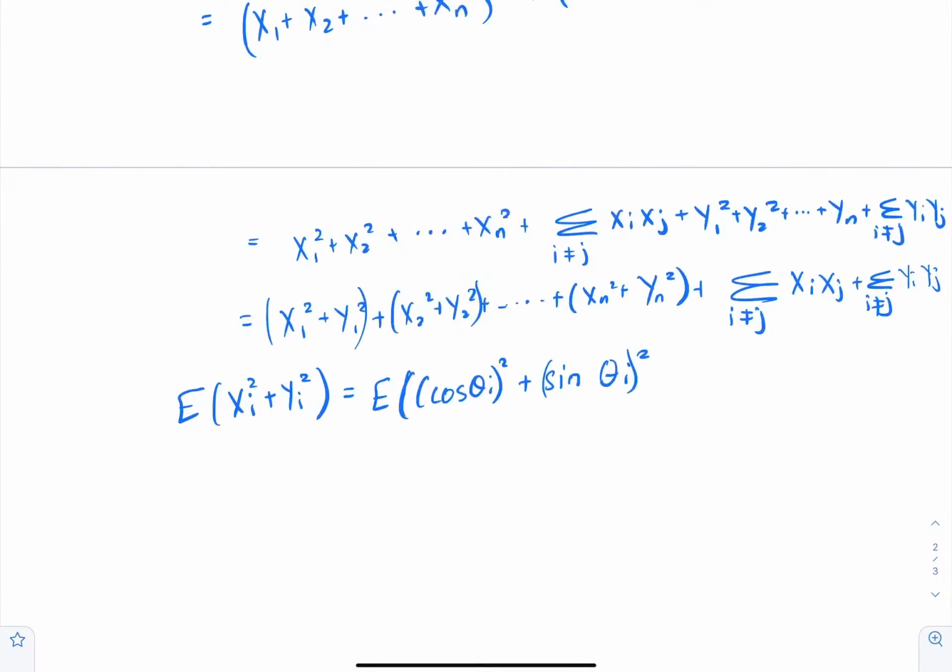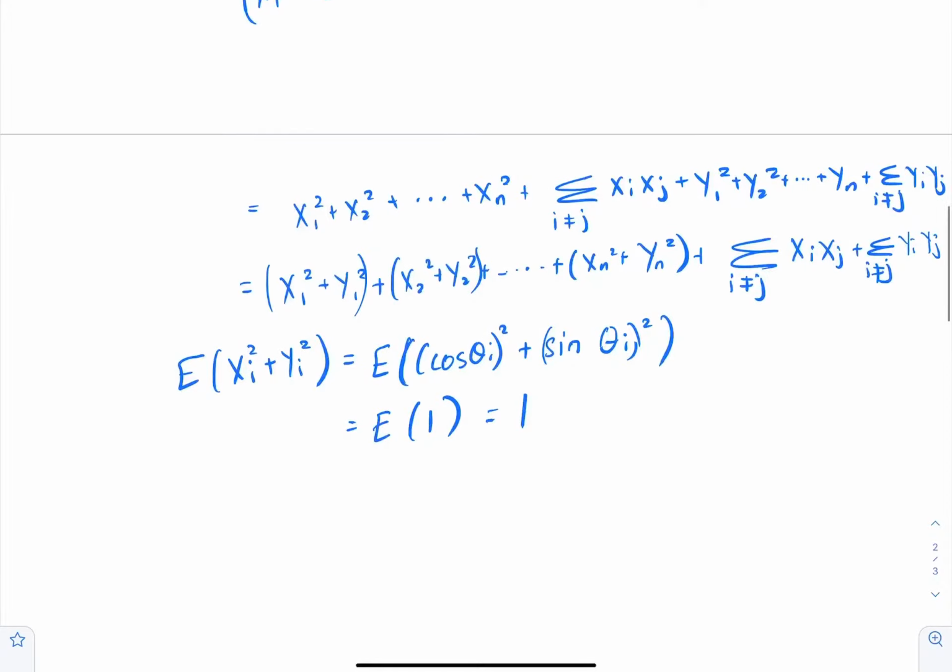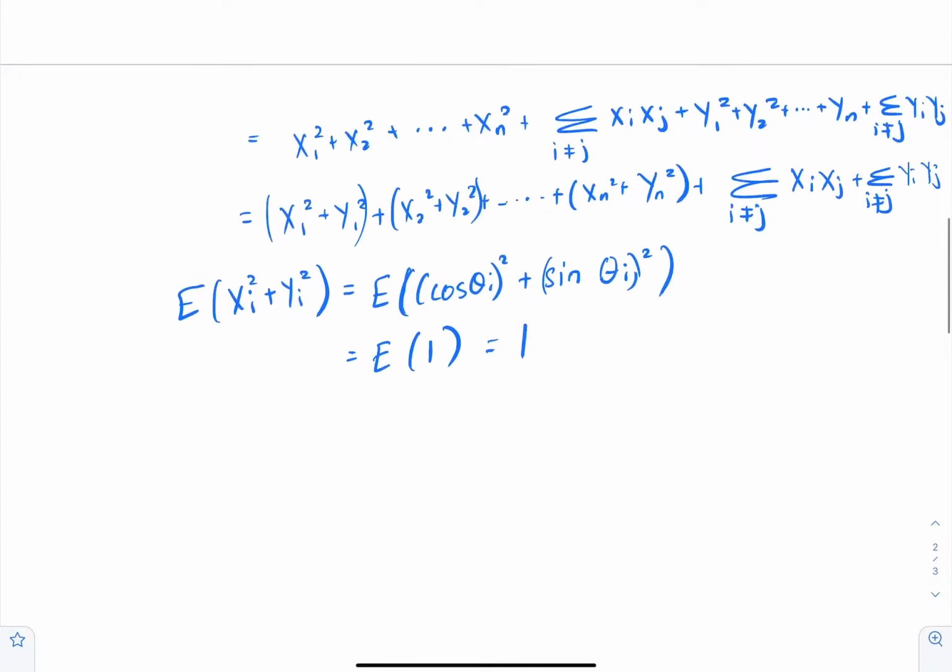So the expected value of this, you know cosine squared plus sine squared is 1, so this will just be 1. Okay, that's nice, and you have a bunch of ones that you're adding up. Also, now let's look at the expectation of xi xj. What will that be?